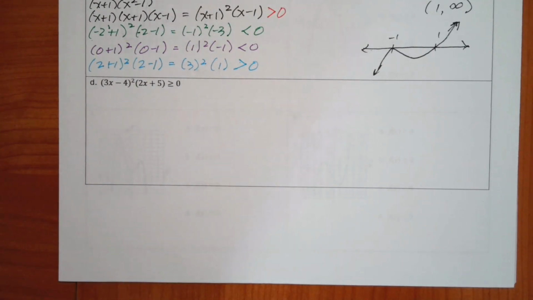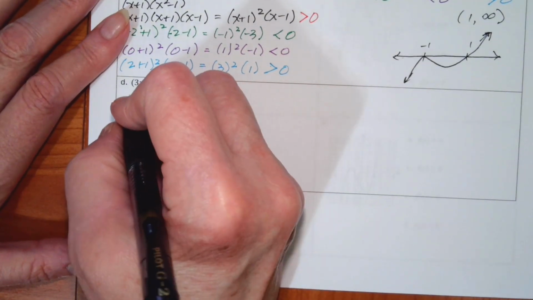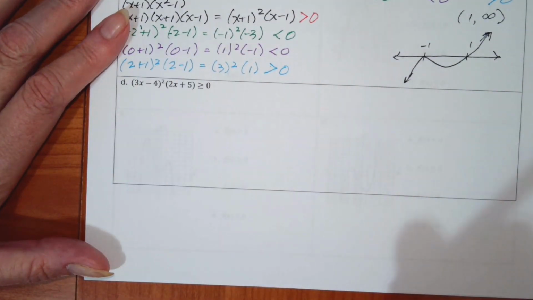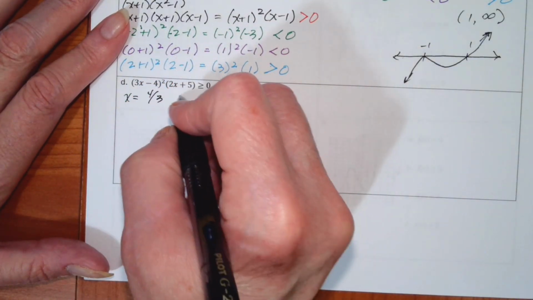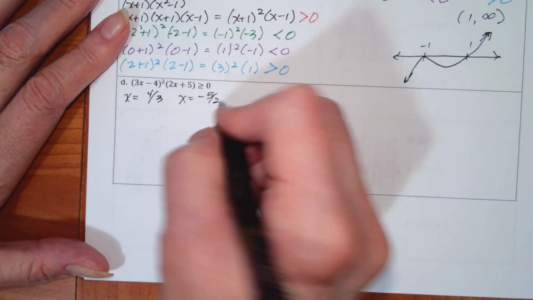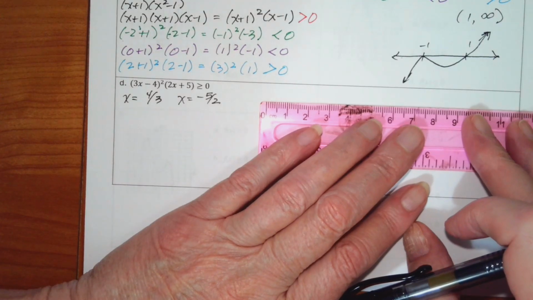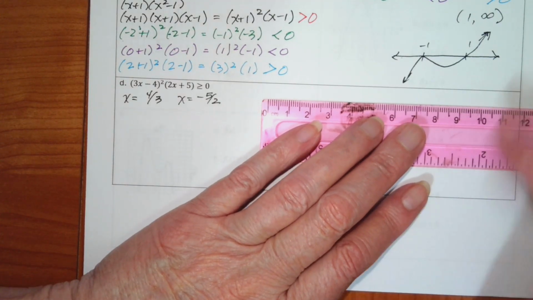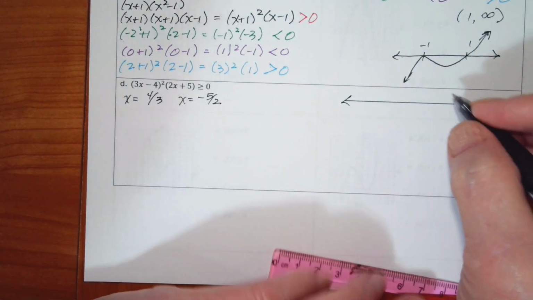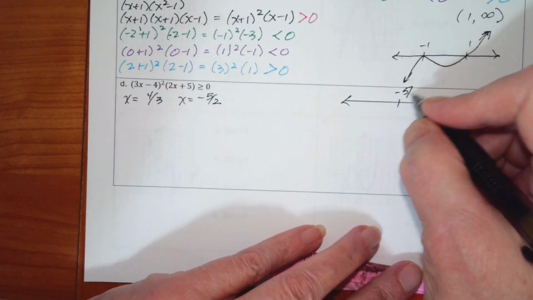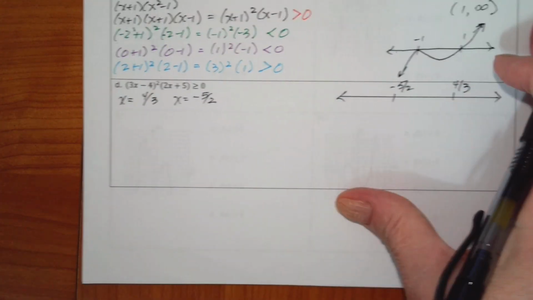Okay, 3x minus 4 squared, same thing. You just need to find where it's equal to 0. So at x equals 4/3, x equals -5/2 is where it's equal to 0. So you can do your sign chart. And I have -5/2 and I have 4/3. Now I'm going to do this one a little bit backwards.